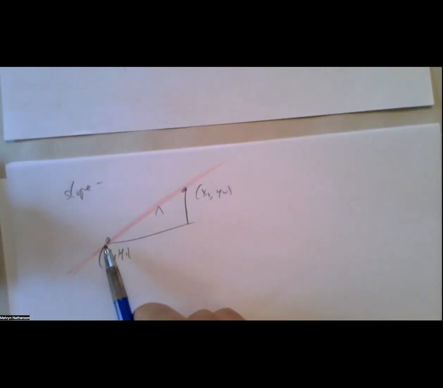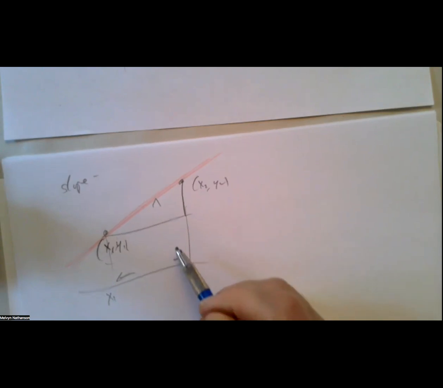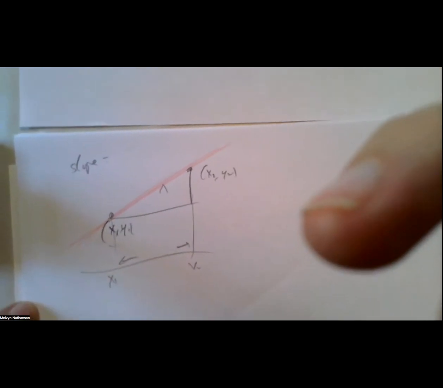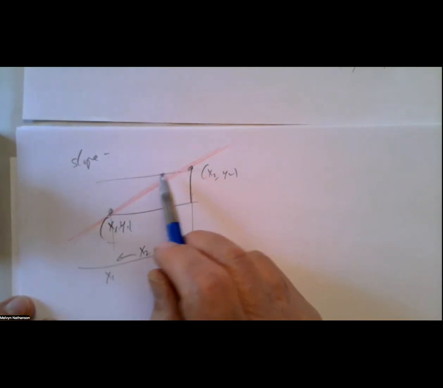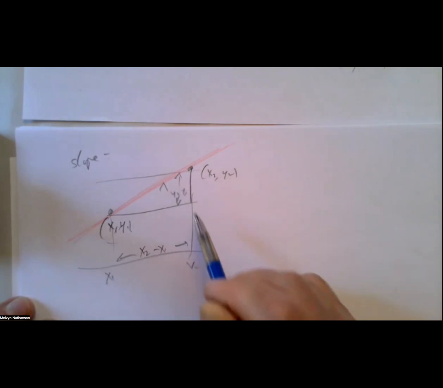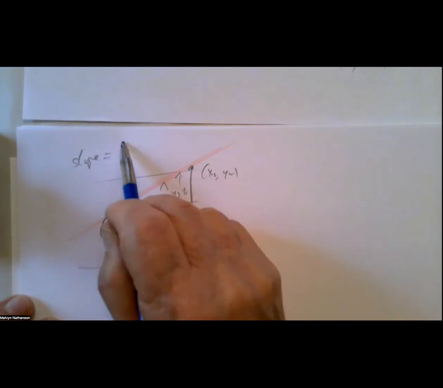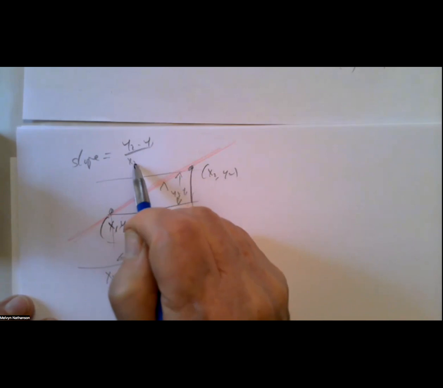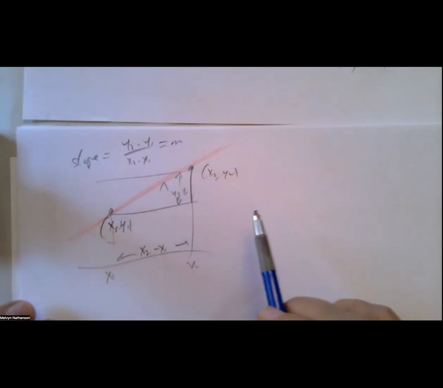So this goes from x1 to x2. So this horizontal distance is x2 minus x1, and it goes from y1 to y2. So this vertical distance is y2 minus y1, and the rise over the run, which is the vertical change divided by the horizontal change, that's the slope of this line. So we can call that m.